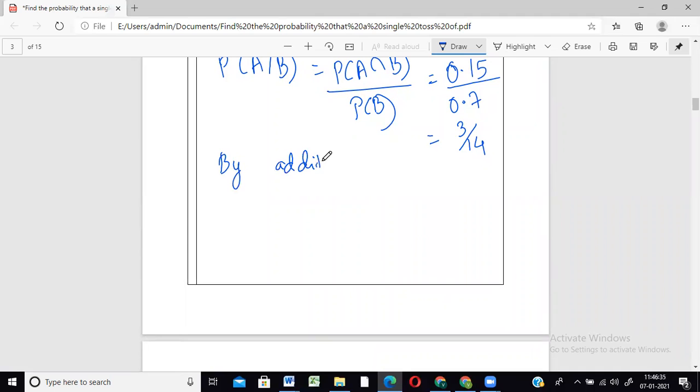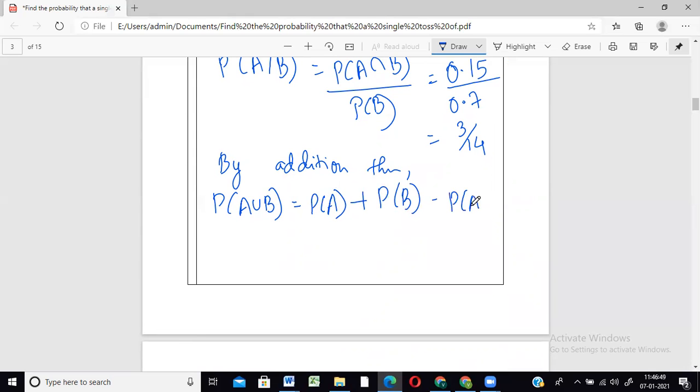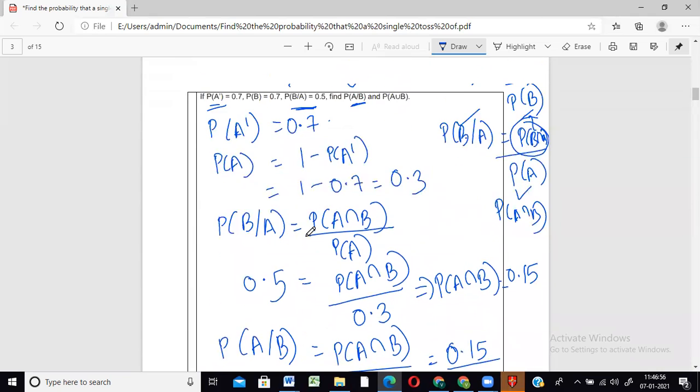So let us write down, by addition theorem, probability of A union B will be equal to probability of A plus probability of B minus probability of A intersection B, which is equal to all the values we now have.